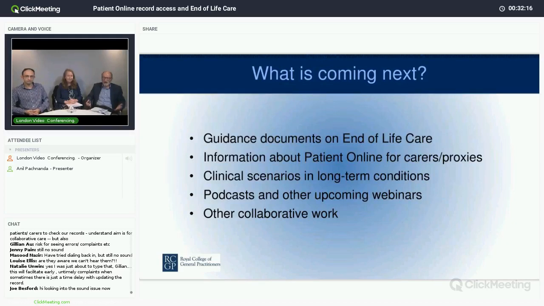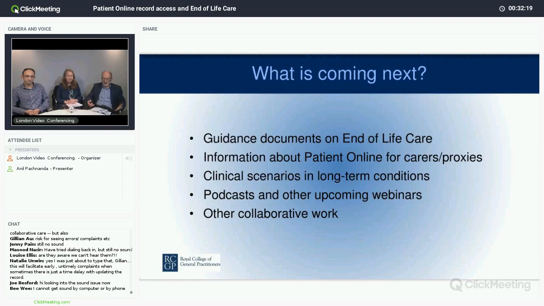There's already a lot of background information on things like registering patients' families for Proxy Access, how you manage a patient who hasn't got the capacity to make a decision but would benefit, how you manage access for parents, and many of the other more complicated things that you may find you need a solution to. Have a look at the Patient Online Toolkit.